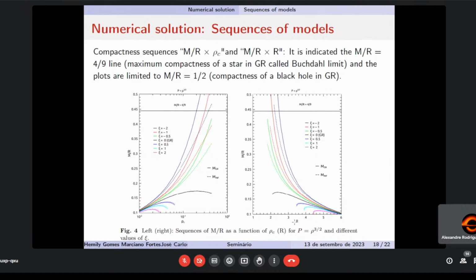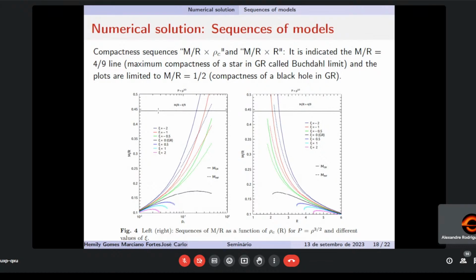Okay, here we have a result using realistic equation of state. No, realistic is the following. Here we are still using the polytropic. But here we have this line, which represents the Buchdahl limit.